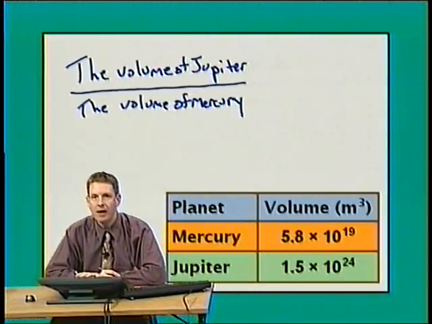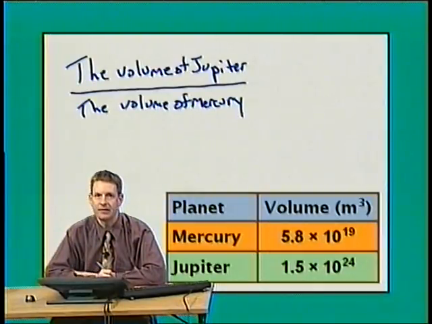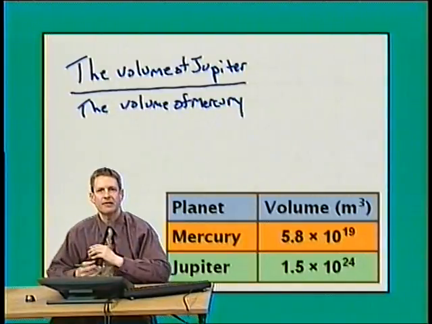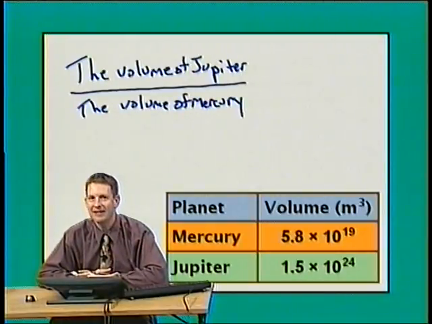Now again, I've gone ahead and put my rounded volume values into my table. So in terms of significant digits, I don't really have two significant digits in this ratio here. But I'm just trying to get some sort of sense about how much bigger Jupiter is than Mercury. And I promise you, when you get to your science classes, your science teachers will tackle that significant digits issue with you.